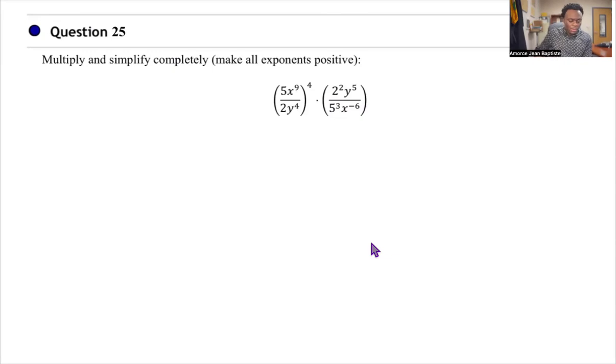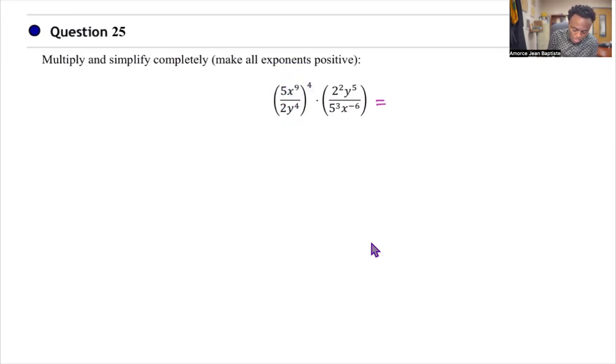So the next problem here, number 25, is the same category. We're going to distribute that exponent here. It becomes the exponent of everything here. Distribute the exponent over everything.